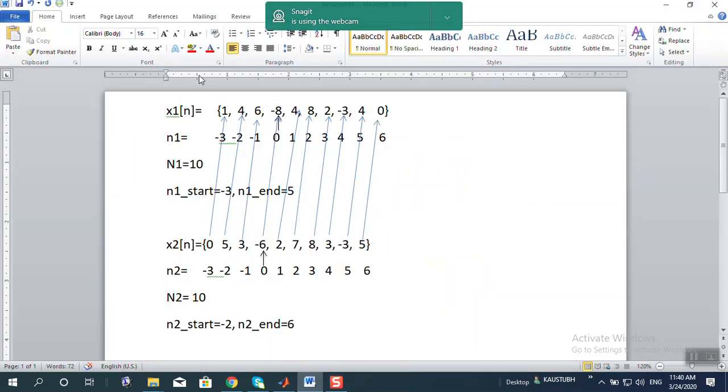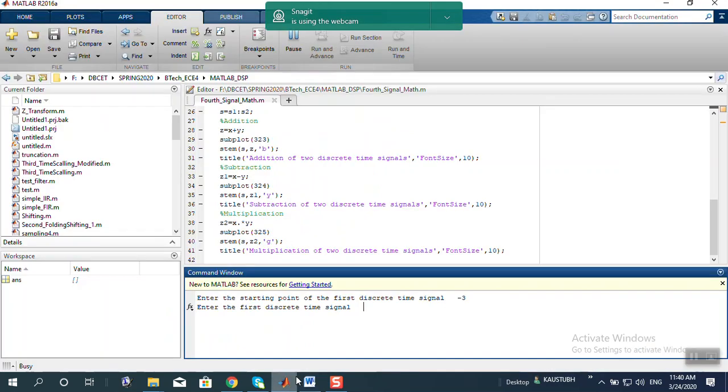Let us put these values only. So this is my first signal.